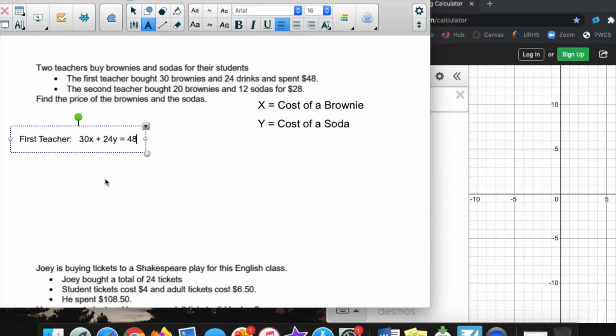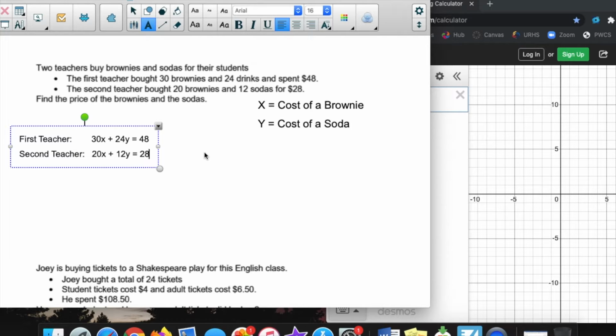You can see it goes right in order like how they list it in the statement about that teacher. Then the second teacher, we could say similarly, 20 brownies, so that would be 20x plus 12 sodas, so 12y, equals the $28 total that they spent. Those are going to be my two equations, and that's the setup there.